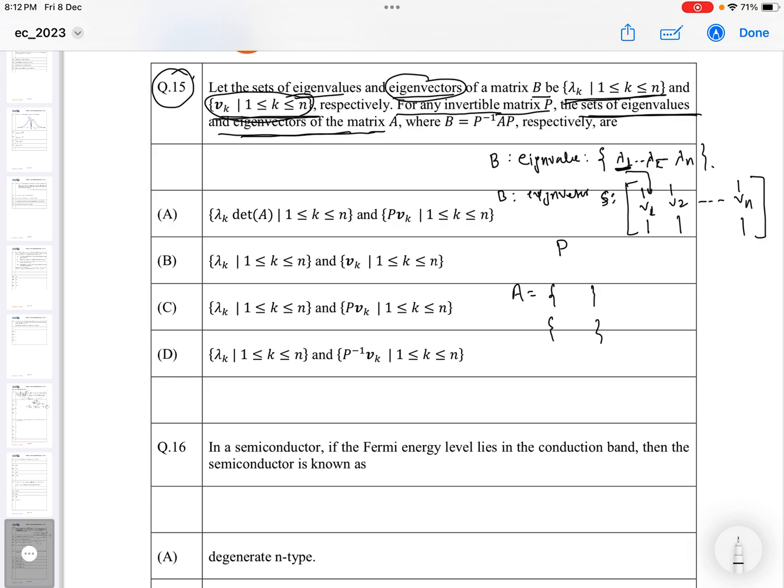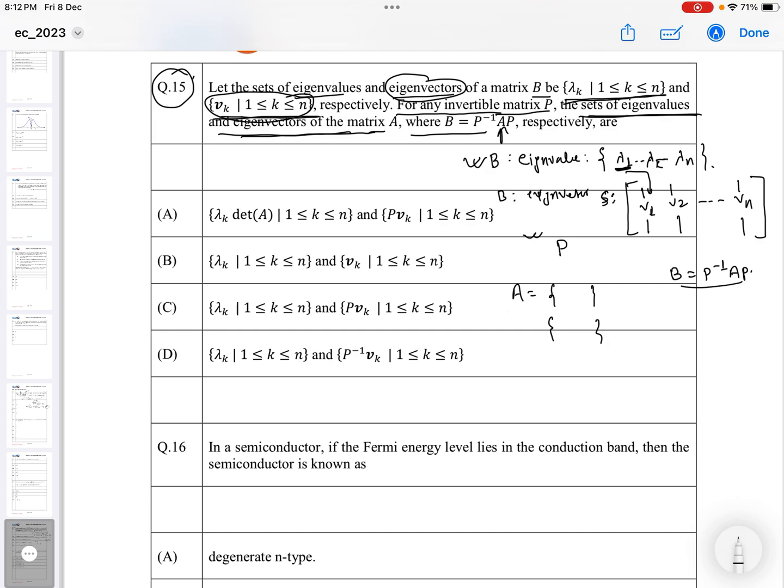We have the relation between B, this P and this A: in the question it is given that B is equal to P inverse A P.